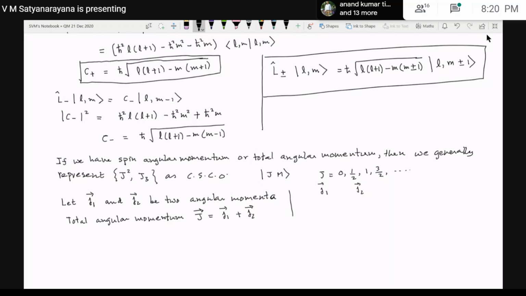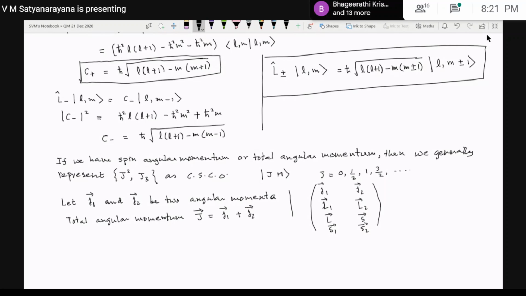So both can be L1 and L2, or S1 and S2, or J1 and J2. These are the possibilities.